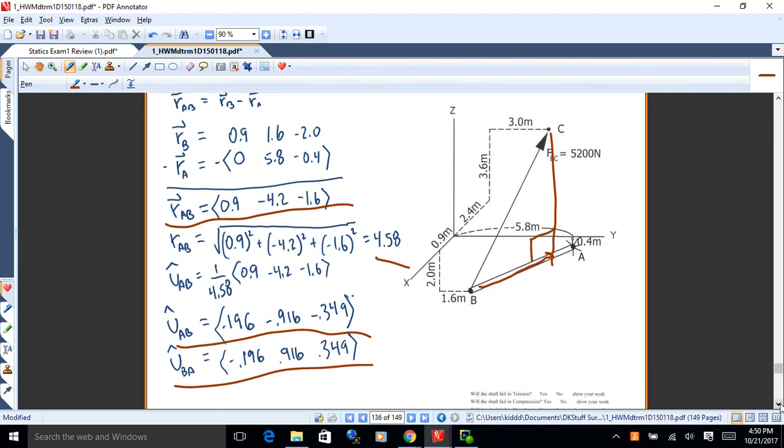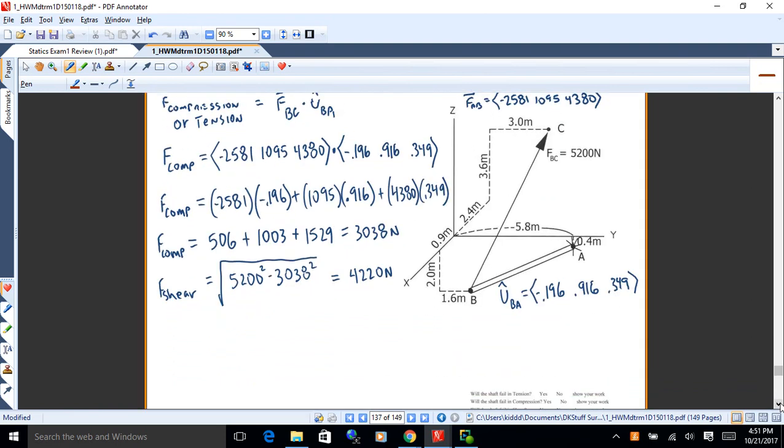No big deal. Then you take the dot product between the force vector and the unit vector from B to A. That will get you the magnitude of the compression of B being pushed towards A. And then if you have that compression and you have the total, you can use the theorem of Pythagoras, because these are all right angle components.